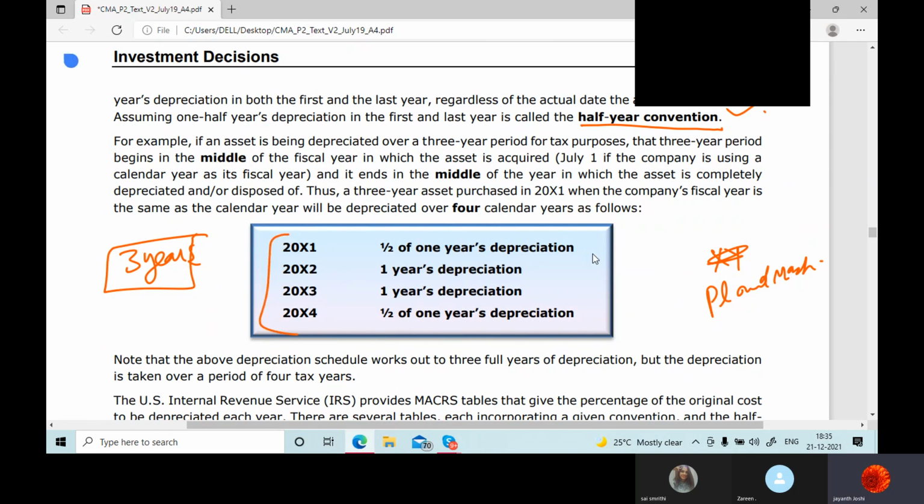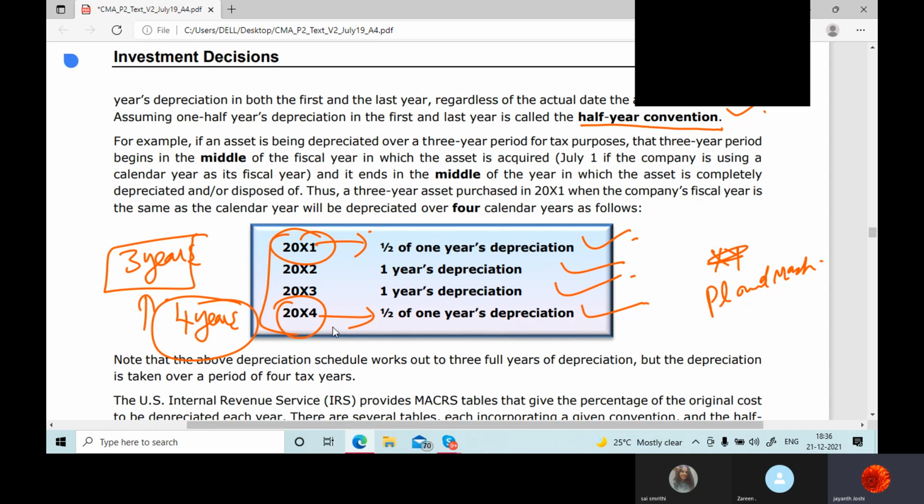First year you calculate only half year's depreciation. Second year you calculate the complete year's depreciation. Third year the complete year's depreciation, and the fourth year half year's depreciation. Altogether it has a lifetime of 3 years, but we divided that 3 years into 4 years. How did we divide that 3 into 4? Because we took the first year half and the last year half.